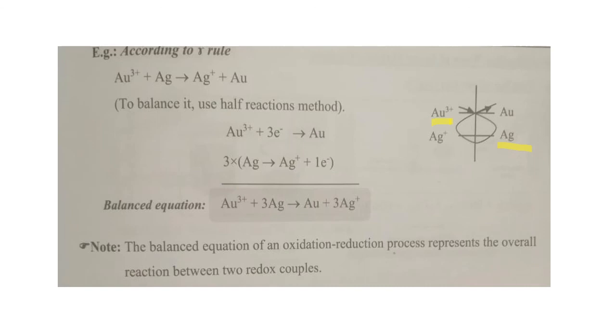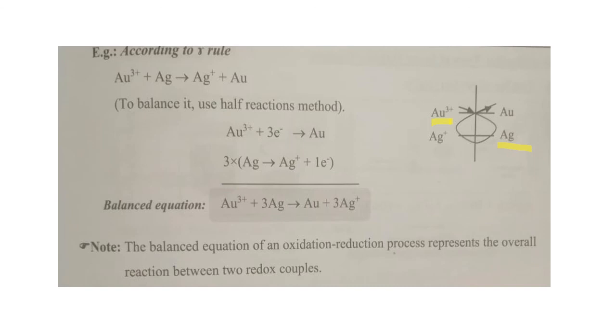So to balance it, we have to write the half reactions. We do not directly write the overall reaction. We write Au3+ + 3e- gives Au. Why did I write this reaction in the form of gaining electrons, or reduction? Because Au3+ is present here, on the side of the oxidizing agent.